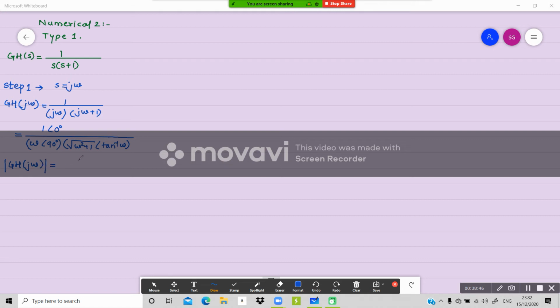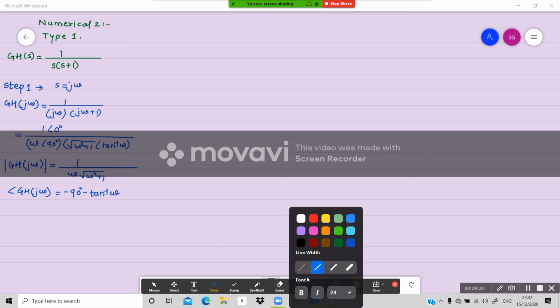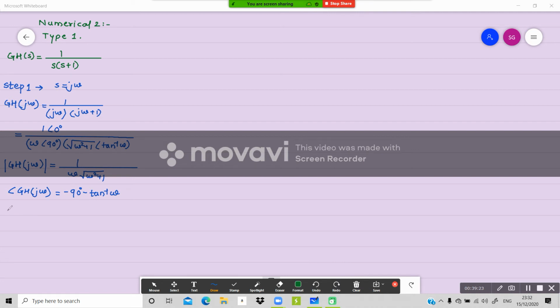So the magnitude you are going to have is 1 upon omega under root omega square plus 1, and the angle will be these two: minus 90 minus tan inverse of omega. So we got both the terms, or equations, right? So we'll go for step number 2.